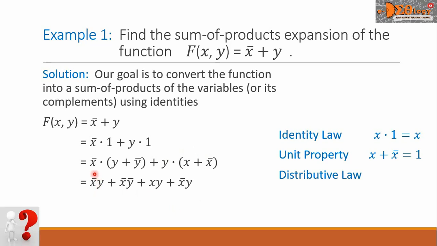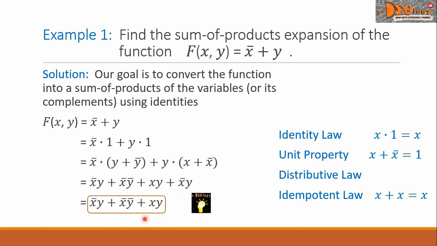Please observe that our first product x bar y is the same as the fourth product x bar y. According to our idempotent property, we can combine these into one. So we write x bar y plus this product, along with this product. This idea is coming from the idempotent law that says x plus x equals x. Now we have 3 products, and this is the sum of products. This is our final answer.